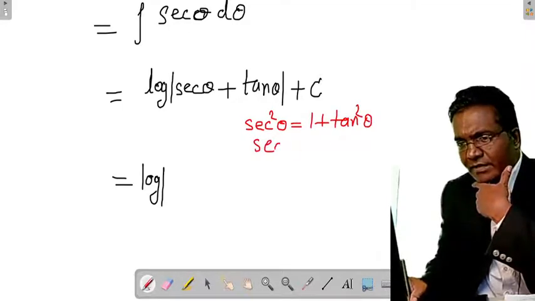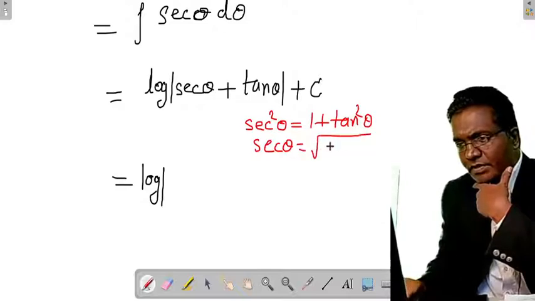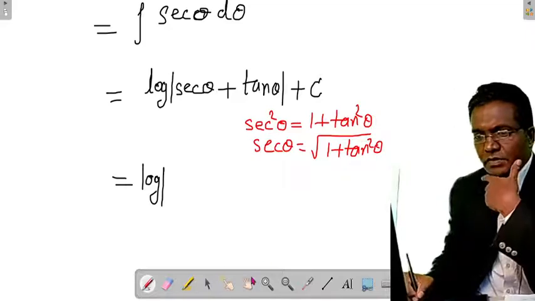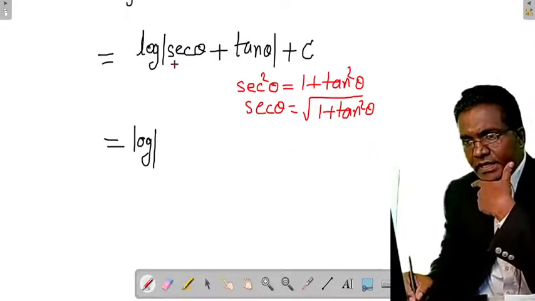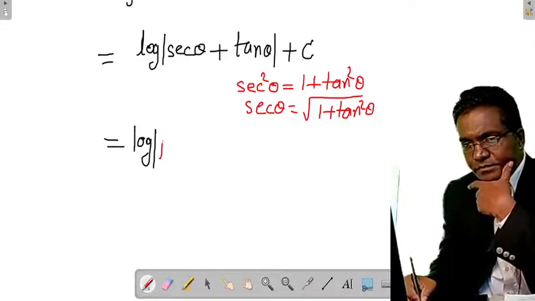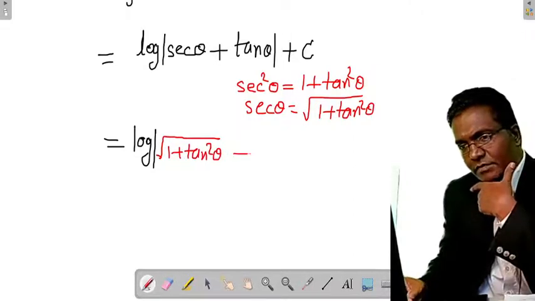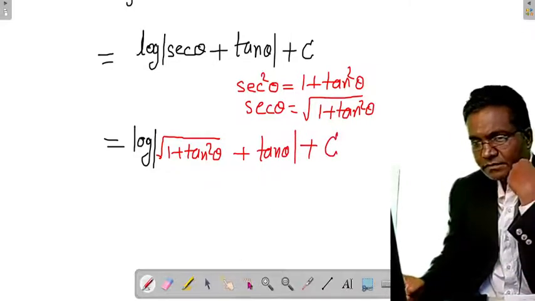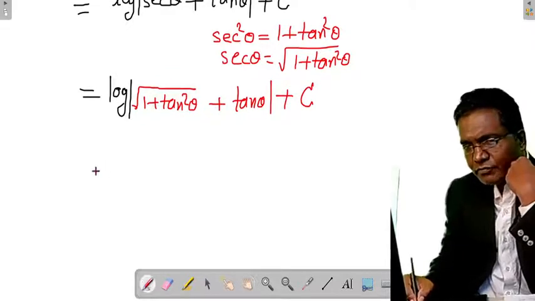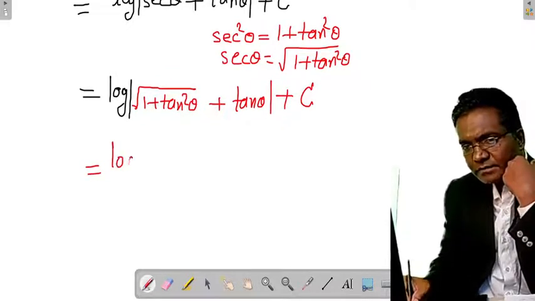So sec means square root of 1 plus tan square. Okay. So what I do is, I write this sec in terms of tan. This is square root of 1 plus tan square theta plus this tan theta as it is plus c. Okay, because we know the value of tan, that is the reason.